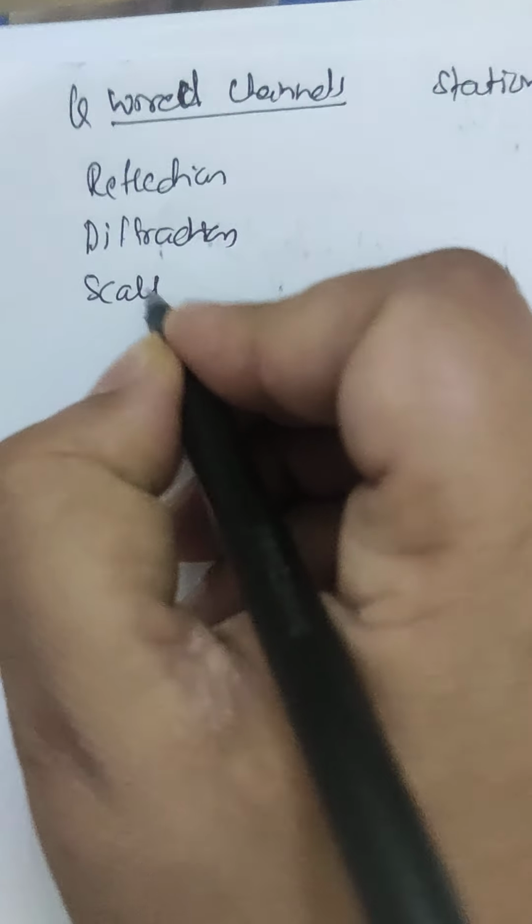So the mechanisms behind electromagnetic wave propagation are diverse, but can generally be attributed to reflection, diffraction, and scattering. The three basic phenomena: one is reflection, diffraction, and scattering.